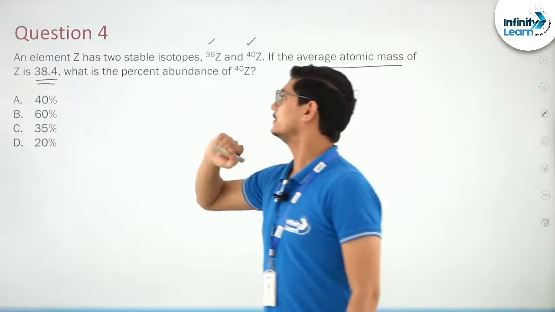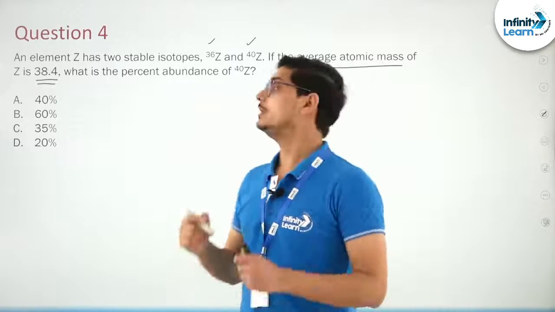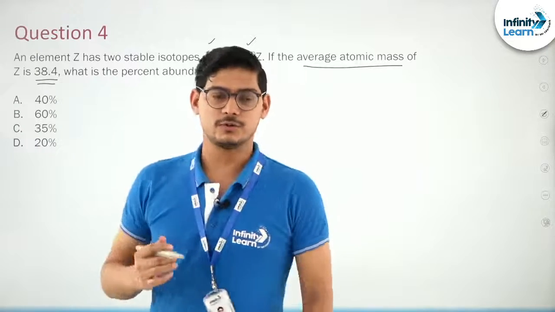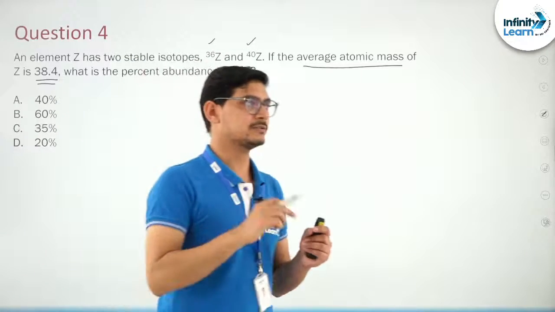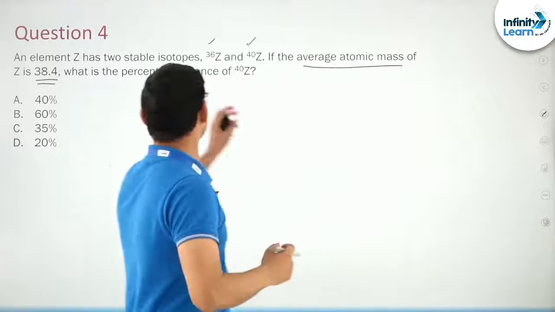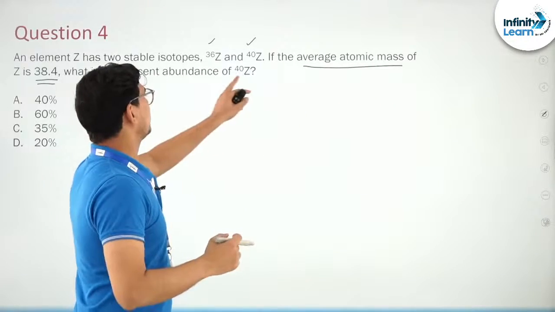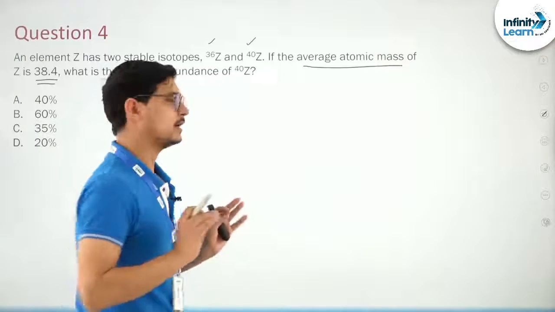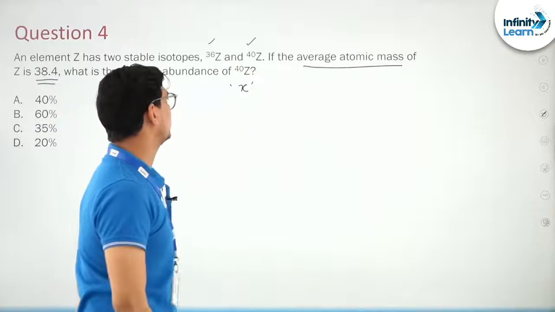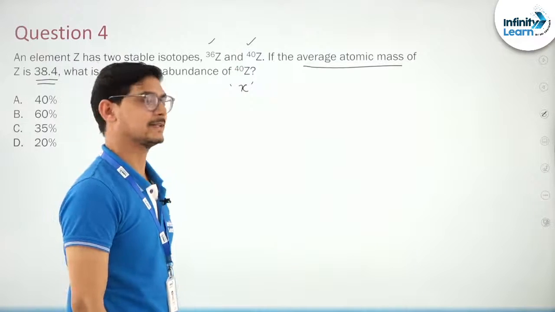And we are asked the percentage abundance of Z whose mass number is 40. Just like in algebra, if we don't know something, we assign it a variable x. So the percentage abundance of 40Z is x.